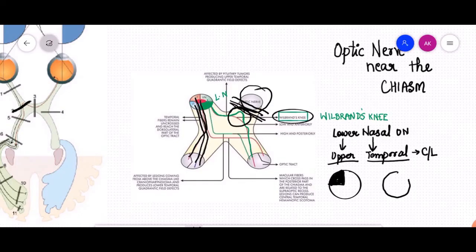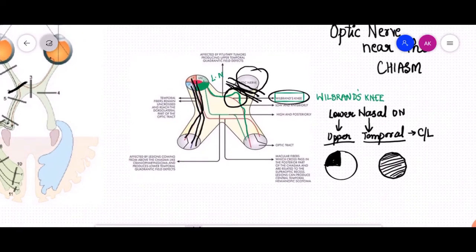We will see total blindness on the side where the optic nerve is affected, right? Such a field defect, where almost the entire field is lost on one side, and on the contralateral side we have only the upper temporal field defect, is called the junctional scotoma. Okay, this field defect is called the junctional scotoma.